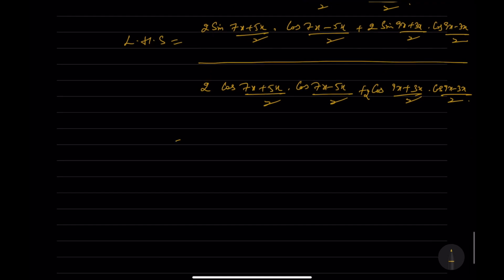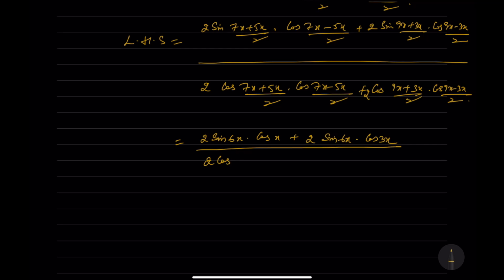So here you can write this as 2 sin of 7 plus 5 is 12, 12 by 2 is 6. So sin 6x into cos 7x minus 5x is 2x by 2, so you're getting here cos x plus 2 into 9 plus 3 is 12, so sin 6x you are getting here again into cos 9x minus 3x by 2, which is cos 3x, divided by 2 cos, again you're getting here 6x into cos x plus 2 cos 6x into cos 3x.